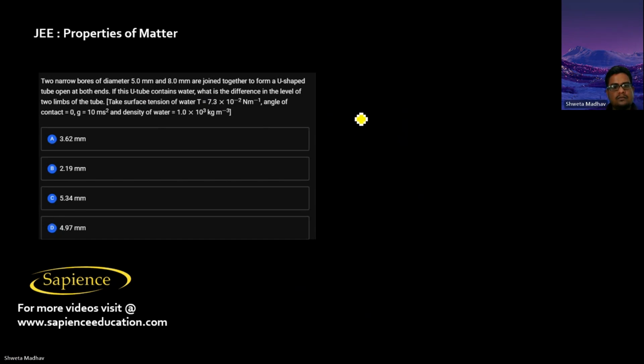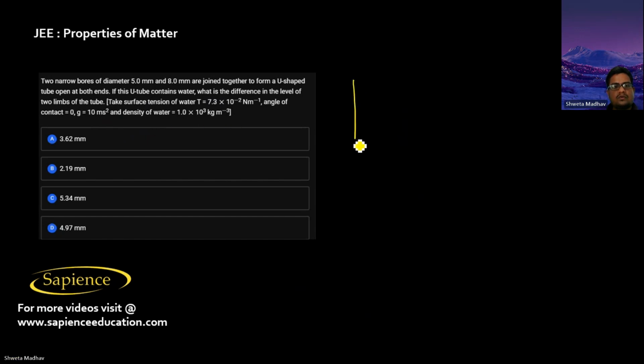If this U-tube contains water, what is the difference in the level of the two limbs of the tube? Take surface tension of water as given, angle of contact is 0, and g is 10 meters per second squared.